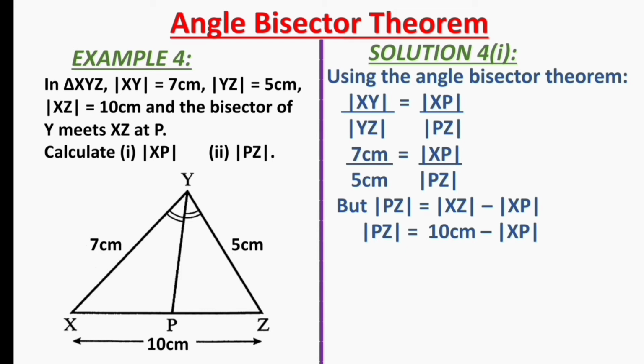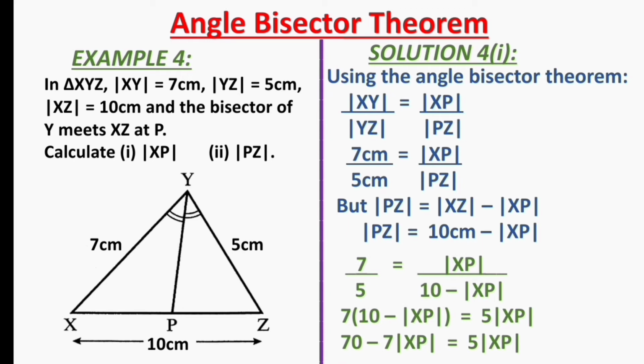We are looking for the length from X to P. But looking at the diagram closely, we can see that the length from P to Z is equal to the length from X to Z minus the length from X to P. That makes the length from P to Z to be equal to 10 centimeters minus XP. So substituting the value 10 centimeters minus XP for PZ in our ratios, what are you going to find? Let's see if your substitution is correct.